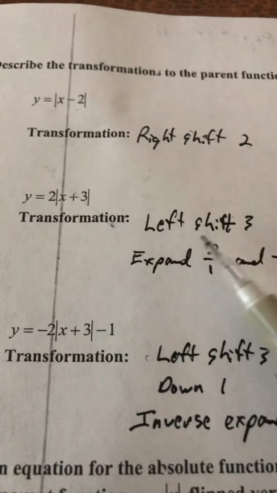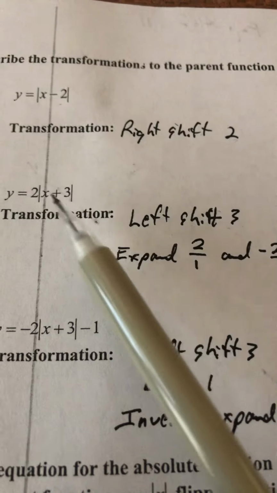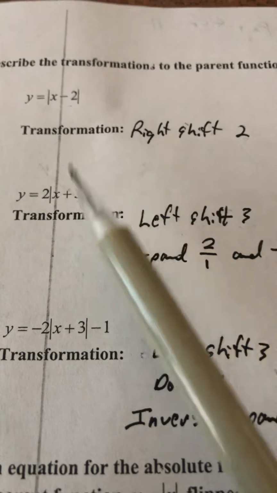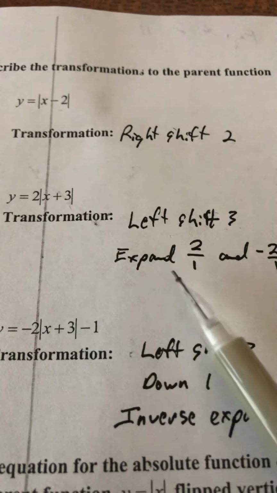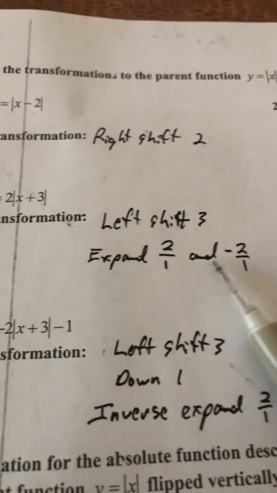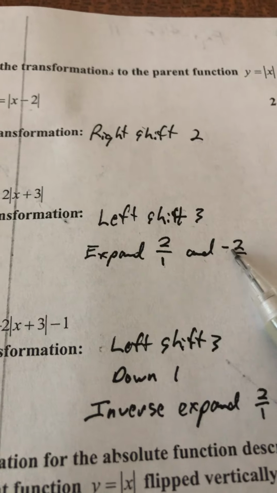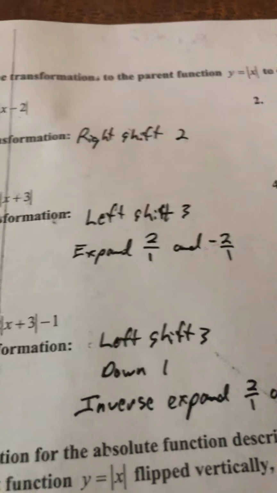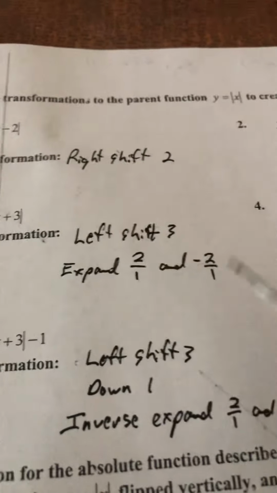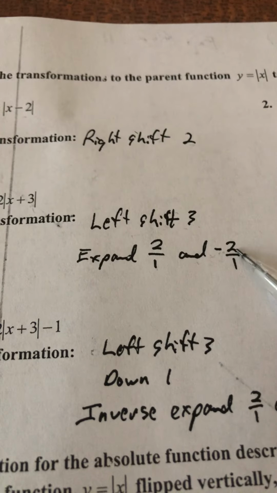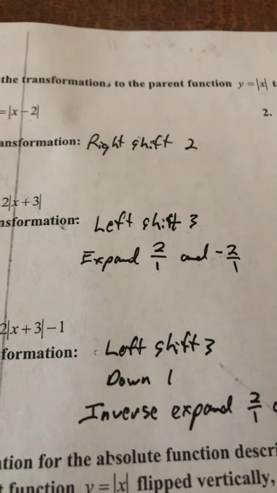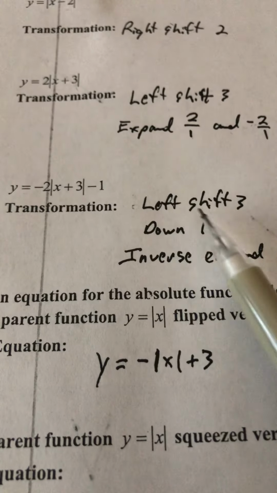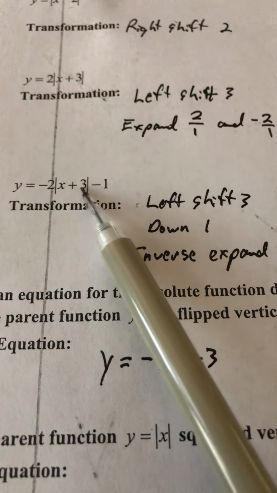Okay, these, the transformation explanation: this is a right shift of 2. This is going to be a left shift of 3 that's inside there, and I don't think you're doing this one. But then you have this 2, and it's going to expand 2 over 1, coming in towards the origin, or towards that center point, that vertex, I should say, with a slope of -2. And this one, you're going to have a left shift of 3 because of the +3 inside here.